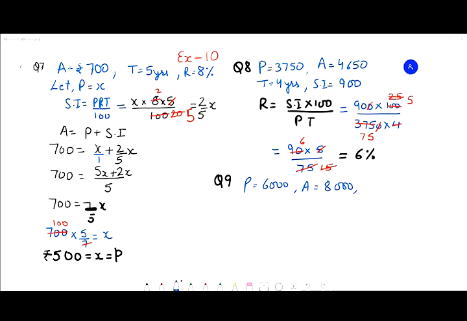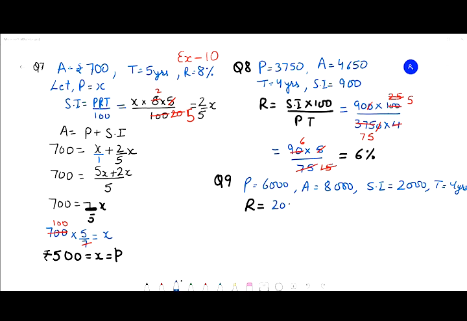That means my SI is 8,000 minus 6,000, 2,000. And the time given to me is 4 years. Now, for the rate of interest, you know the formula. I wrote it before also. R is equal to SI into 100 by P by T.